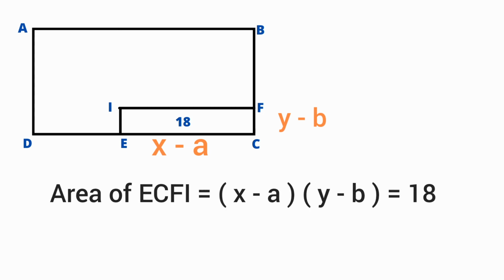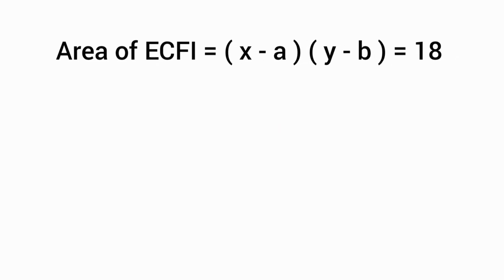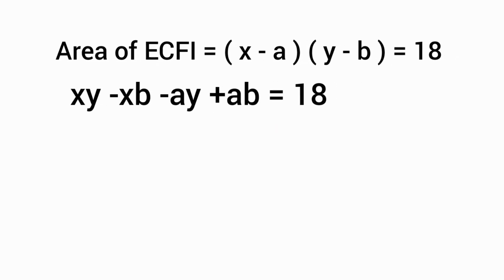Now, let's solve this. X minus A into Y minus B is equal to 18. We get XY minus XB minus AY plus AB is equal to 18. We know the values of XB and AY.